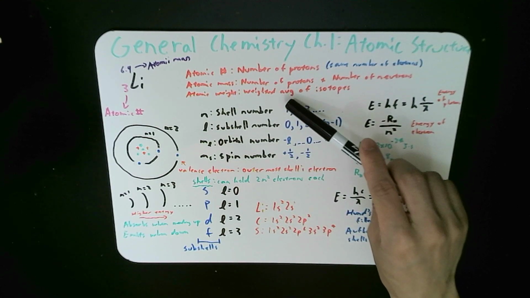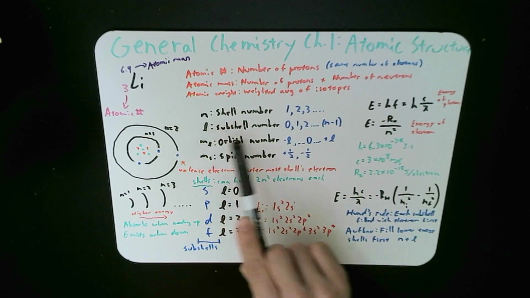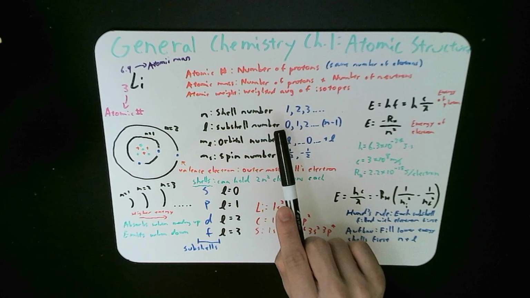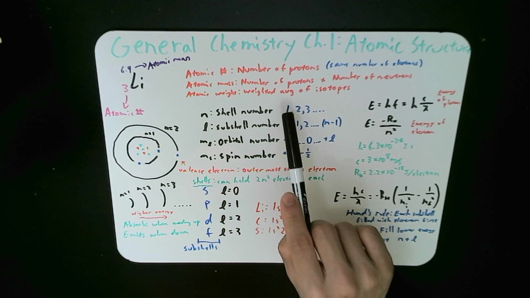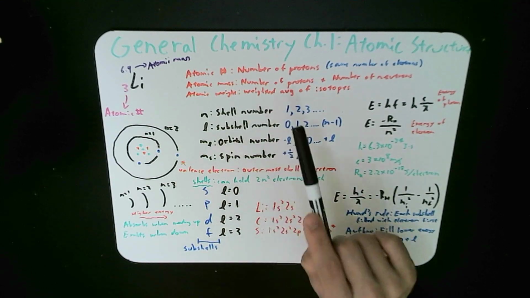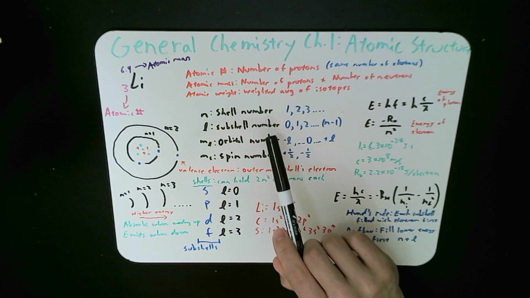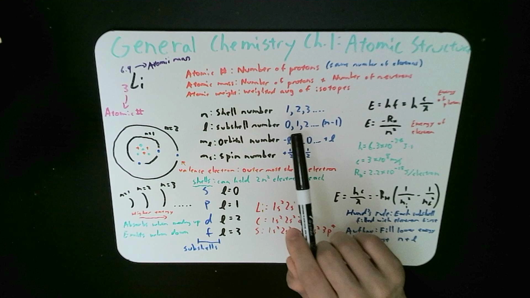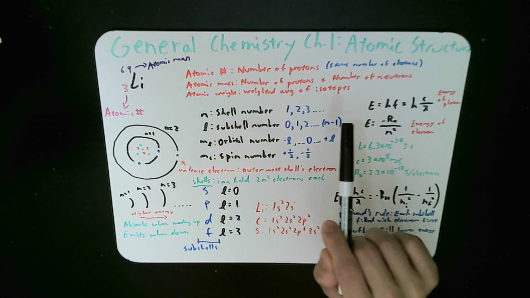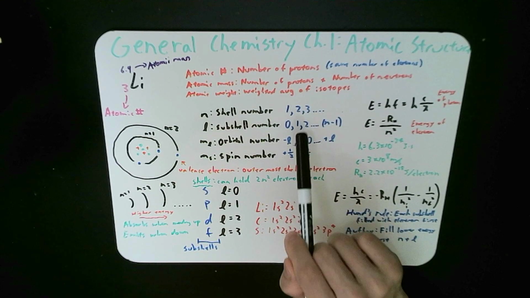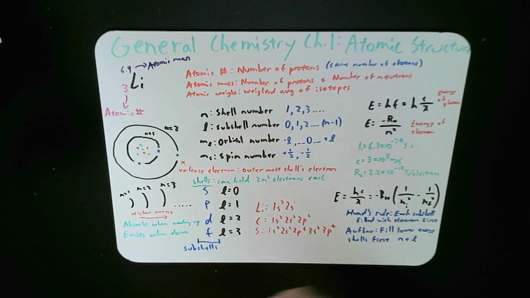So if we have an n shell of 1, the l for the subshell number is 0 up to n minus 1, which is 0, so it only has 1 shell and no subshells. If we have a shell number of 2, it can have subshell number 0 and subshell number 1, and that's it. It cannot have more than that, because it's up to 2 minus 1. So up to 0 and 1 subshells. Okay? And so forth.